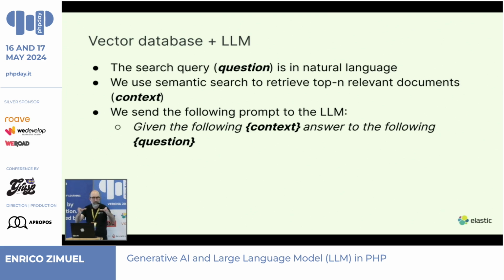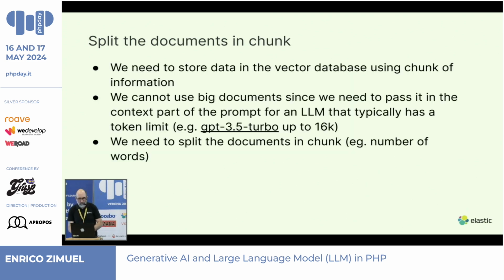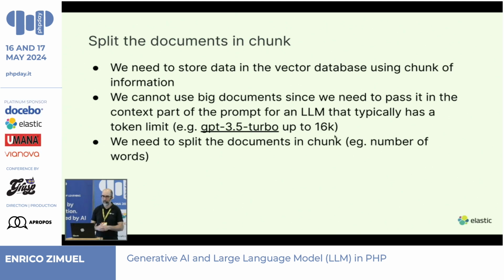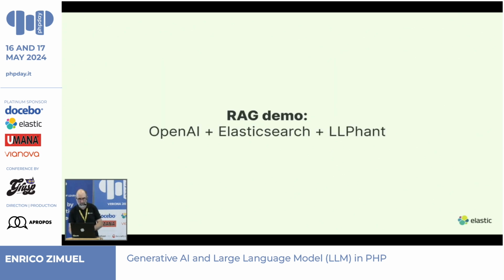This is the context, and the question is the original question. As I mentioned, we need to split the documents into chunks because each model has a different context window. For instance, GPT 3.5 Turbo has 16K space for the input, so you have to care about this dimension.